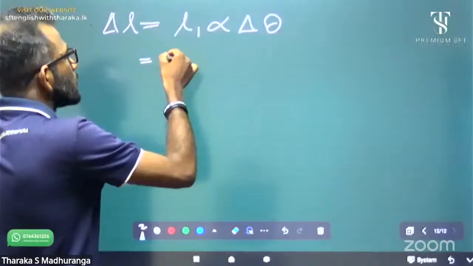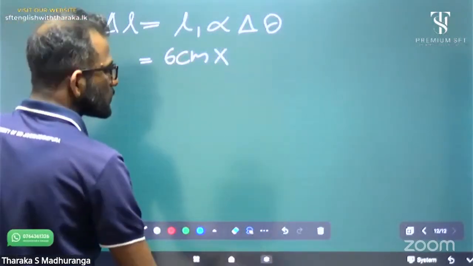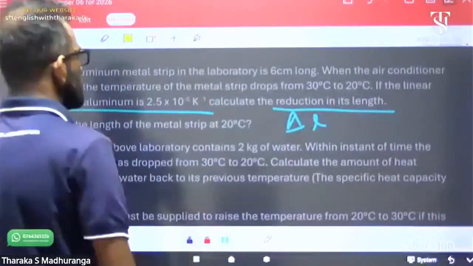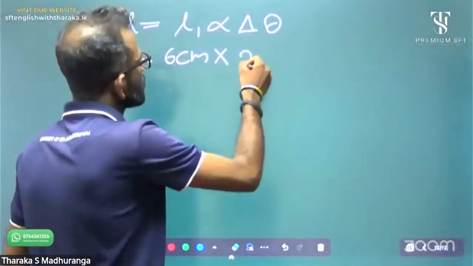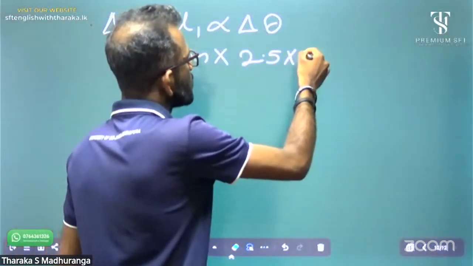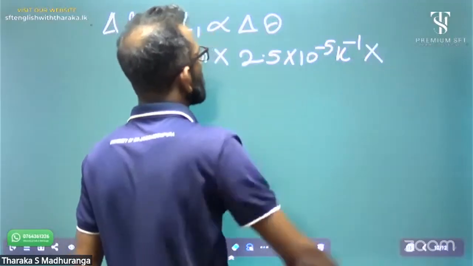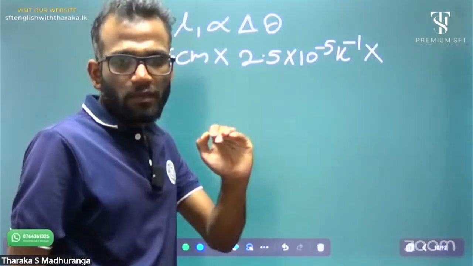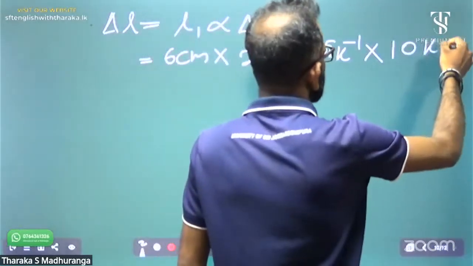L1, 6 centimeters, multiplied by alpha. Alpha means linear expansion coefficient. It is given 2.5 times 10 to the power minus 5 per Kelvin. Temperature difference 30 to 20, it is 10 Kelvin.